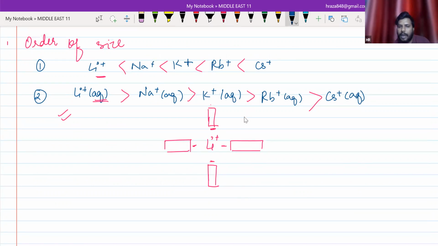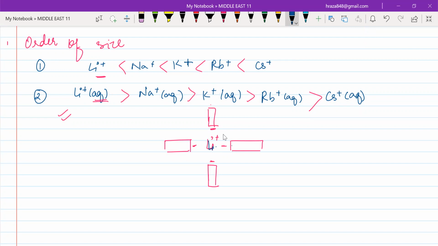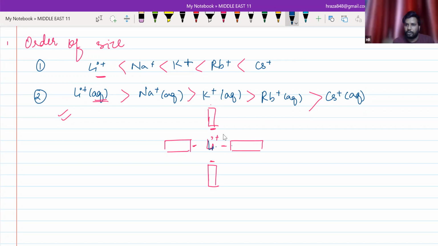So there will be a force of attraction between Li plus and the water molecules, and the water molecules from all sides will stretch lithium so much that it will be larger than cesium in size. Is that clear? Yes, sir. It will be surrounded by a lot of water, and the oxygen that has negative charge will attract lithium so much towards itself that it will stretch greater than cesium plus. That's why this happens.